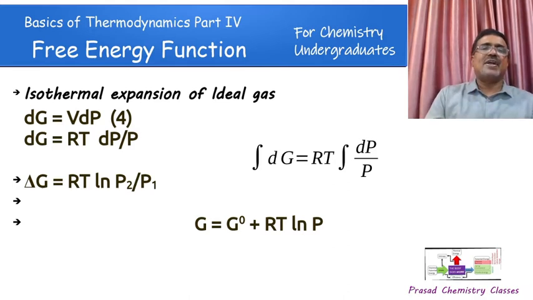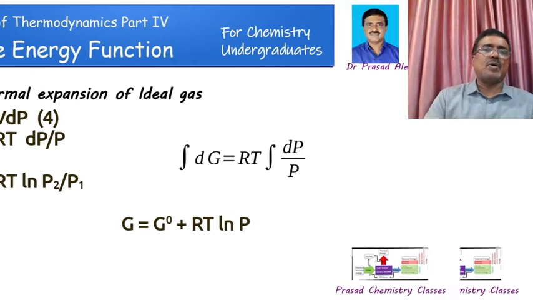Then what happens? G becomes equal to G0. That is the standard state. 1 atmosphere pressure. If it is a gaseous substance, any substance in its stable state at 1 atmosphere is our standard state. If this is solid, it is considered as pure.